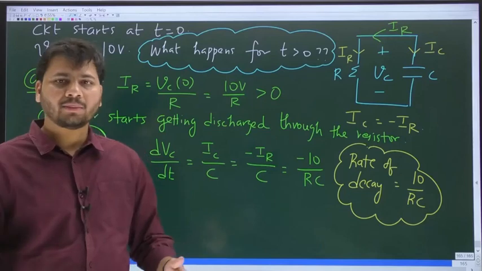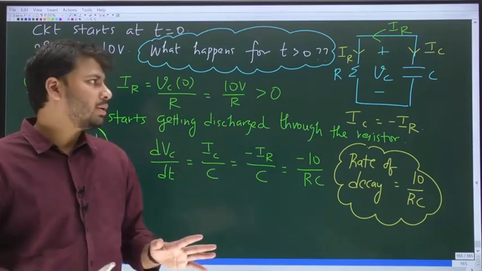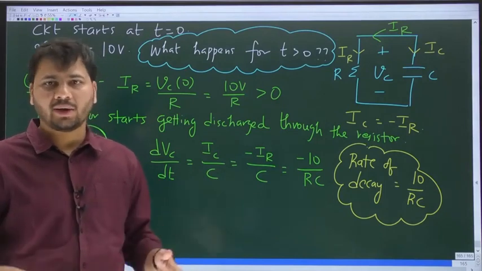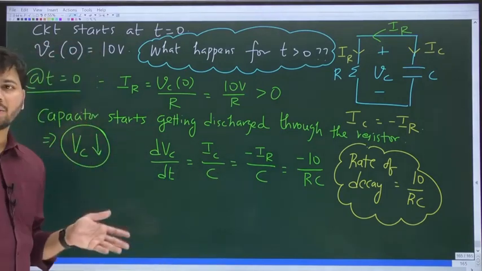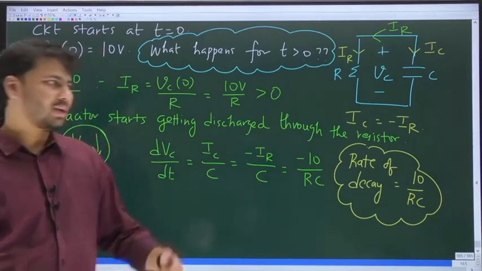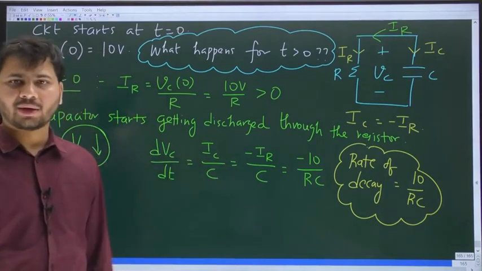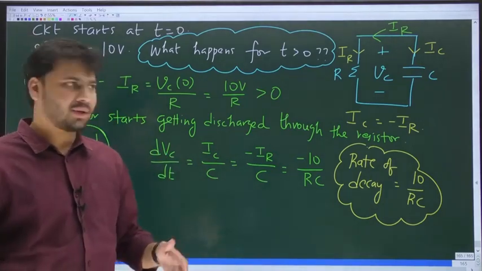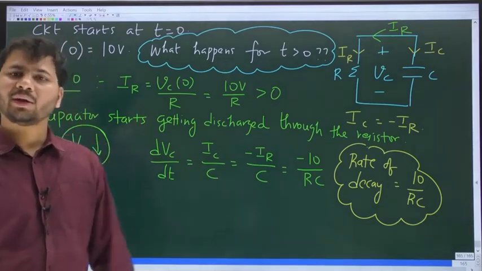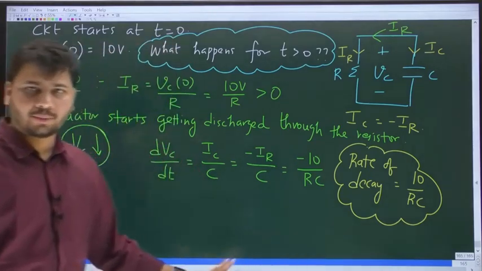So after some time, the voltage across the capacitor will be less than 10, because Vc is starting to decrease. Let us say at some time instant t1, which is greater than 0, the voltage across the cap decreases to some 8 volts. Clear up to this point?